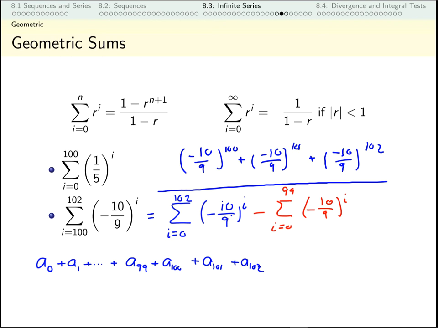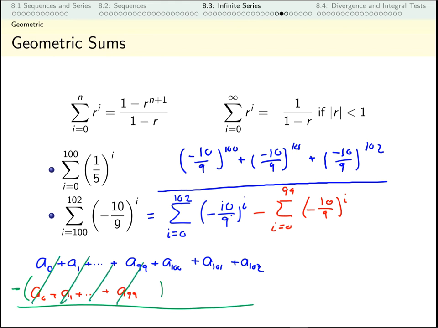The red sum, we still start at 0, but we end at 99. So if I were to subtract these, I would just cancel off all the terms I'm not interested in, and I would get my 100th term, my 101st term, and my 102nd term, which is exactly what I want.